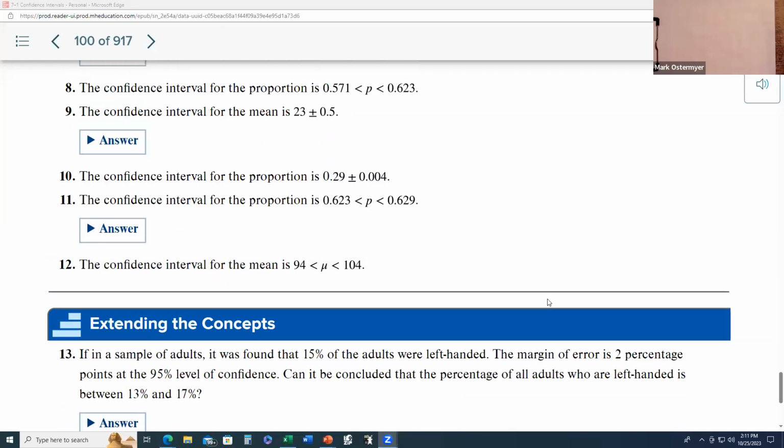All right, so you do number 12 here. I'll just throw it in your classwork. What would be the margin of error for this confidence interval for an unknown population mean, from 94 to 104? Compute the margin of error there for that one.